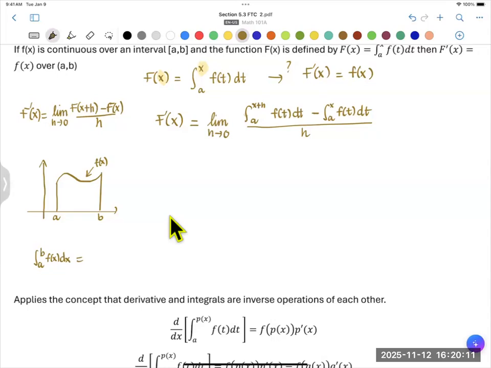But we have the integral from a to x plus h of f(t) dt. So where's my x? My x is somewhere right here. From a to x is this interval, and from a to x plus h is these pieces.